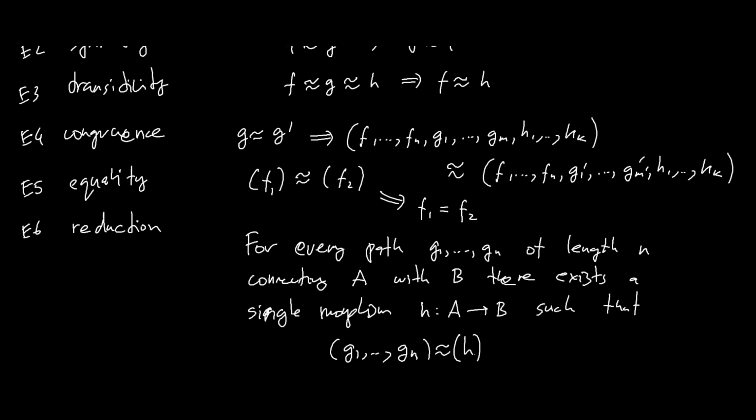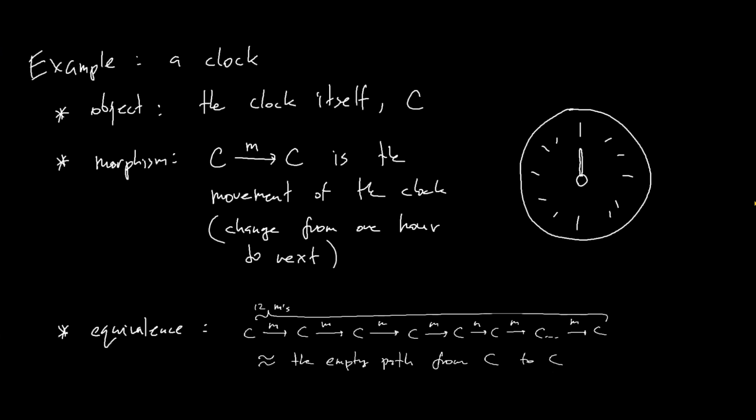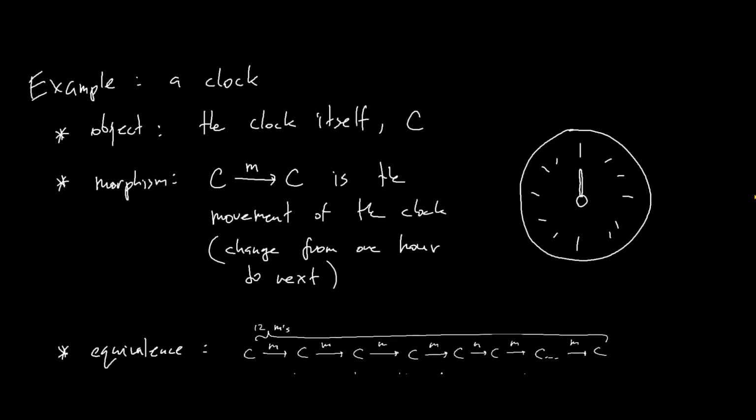So in our case, a path of length n will be a process of passing n hours, right? Because each morphism is passing 1 hour. So 1 hour after the other, n many times, will make n hours pass, right? Do we have a morphism that describes n hours have passed?